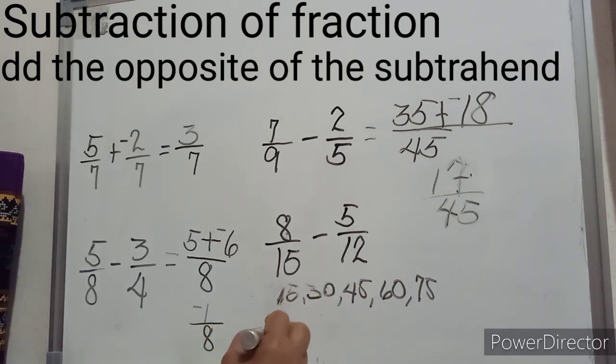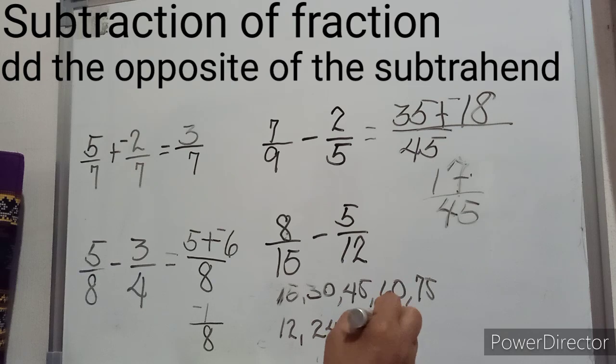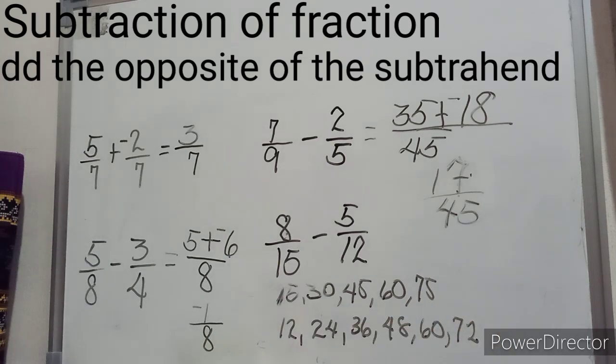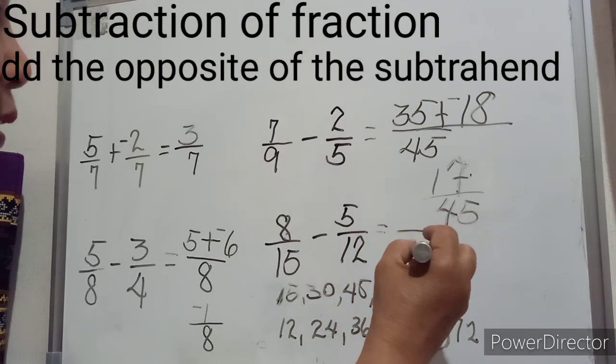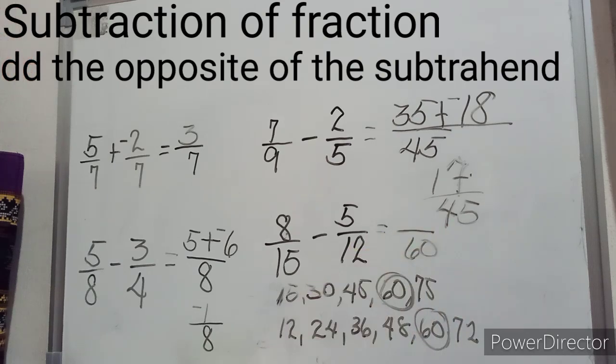While for 12, you have 12, 24, 36, 48, 60, 72. If we are now to investigate, their lowest common multiple is 60. Therefore, we are going to take the LCD as equal to 60.